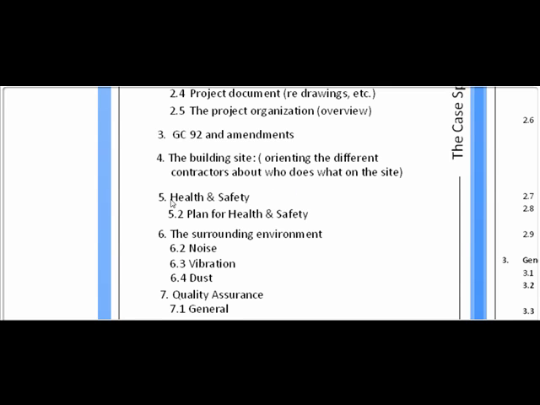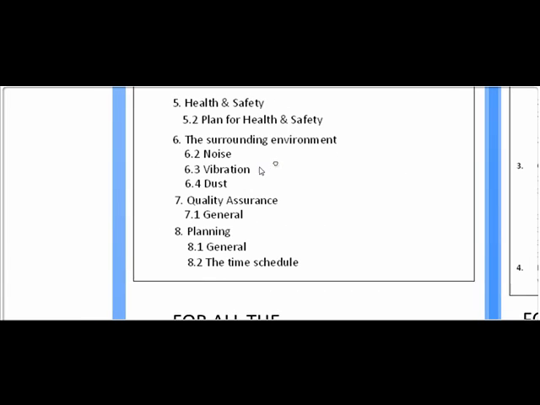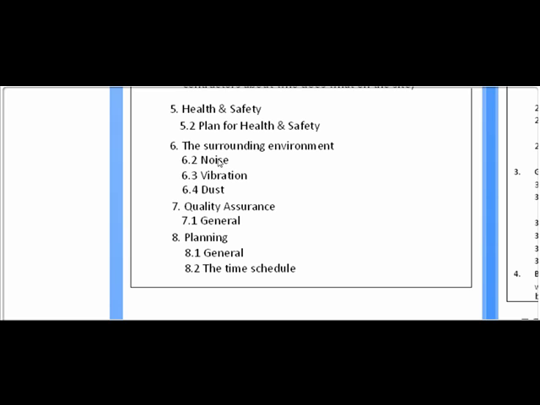Also orientation about health and safety, and the health and safety plan will be included here. And then there's something about how we should take care of noise, vibration and dust on site. In other words, it's telling the contractors when they can work, what time they can work, from, let's say, 7 o'clock in the mornings to say 4 o'clock in the afternoons, how much vibration they're allowed to produce, and also how to prevent vibration from damaging existing constructions, and how to prevent dust from spreading, and so on.